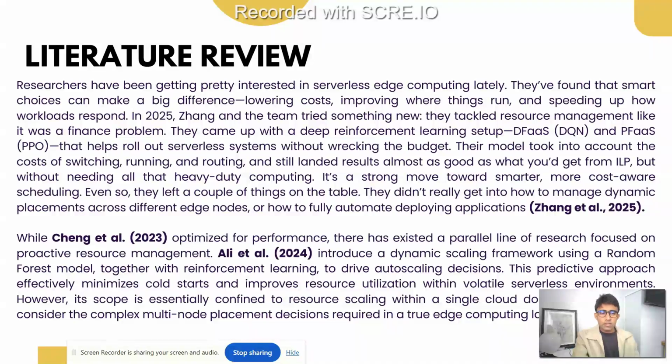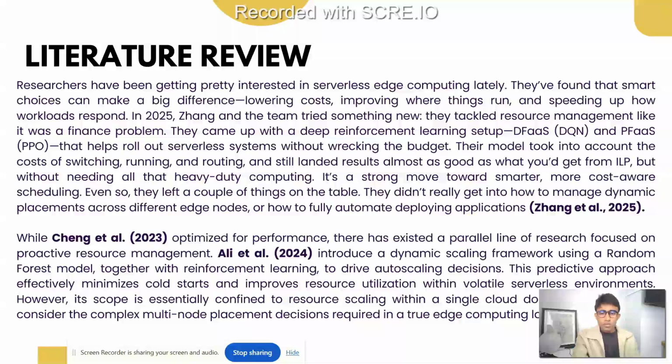This is Zhang's 2025 identified problem and solution, while Cheng identified in 2023 optimization for performance. There is also a parallel line of research focused on proactive resource management, where intelligent resource management helps reduce cost as well as latency and other factors that we discuss later.